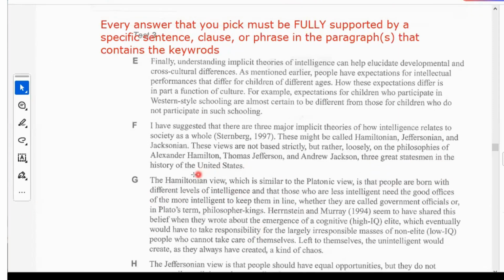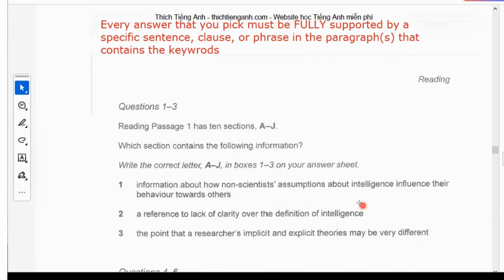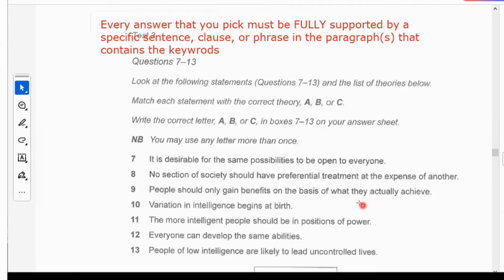Let's continue with the Hamiltonian view. So it says that people are born with different levels of intelligence, and that those who are less intelligent need the good offices of the more intelligent to keep them in line, whether they are called government officials or, in Plato's terms, philosopher kings. This sounds like one of the statements I saw.